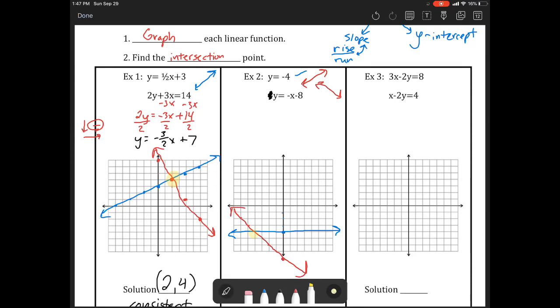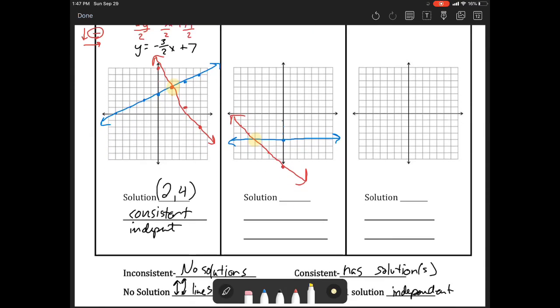But that's okay because I caught it and I was able to fix it. So here's my intercept now. And that's going to be at -4. Which, since it has a solution, is going to be consistent and independent.